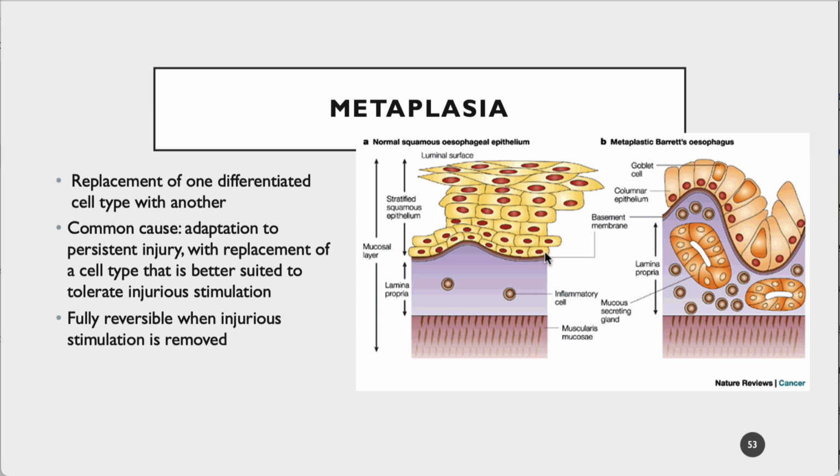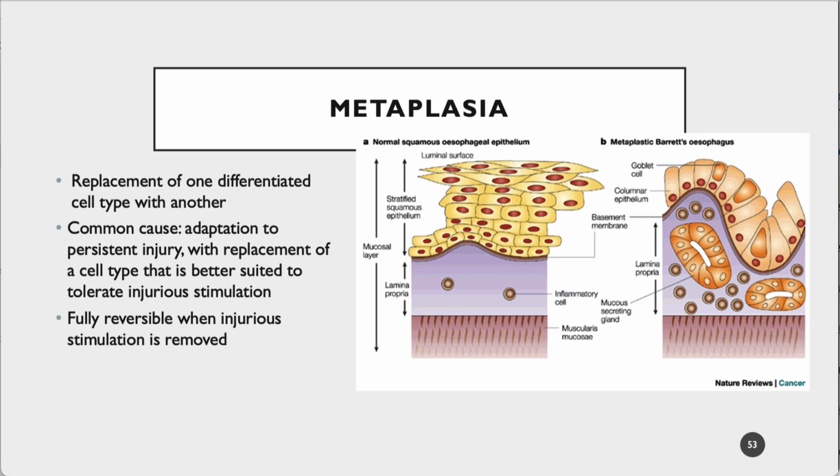But because the tissue is being constantly bombarded by stomach acid that's leaking into the esophagus, those cells get replaced with goblet cells or columnar epithelium.